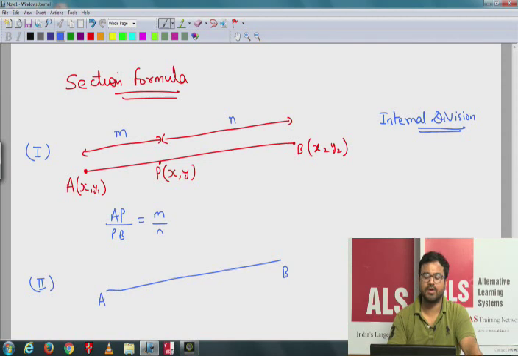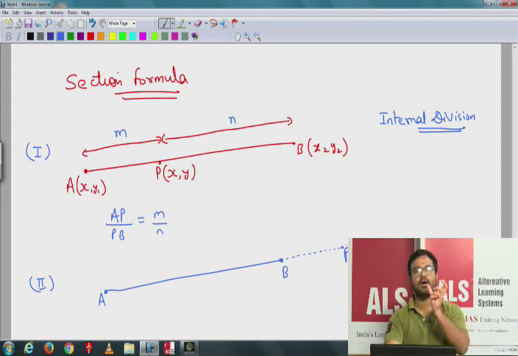A and B are the two end points of the line segment. Now this time point P is lying on this line, but not between A and B, outside A and B, but on the same line. So let's say if we extend this, point P is lying over here.